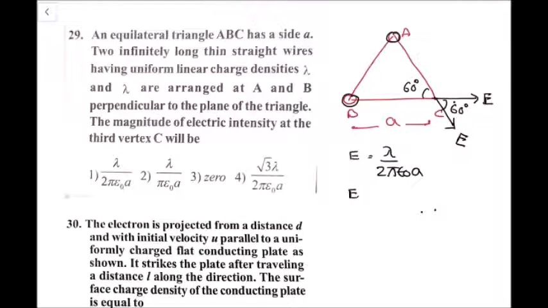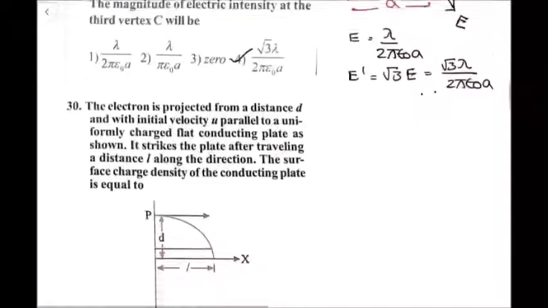So the resultant electric field is equal to root 3 E according to the parallelogram law of vector addition. So finally the intensity of electric field at C is root 3 lambda by 2 pi epsilon naught a. That will be in option 4. So option 4 is correct.